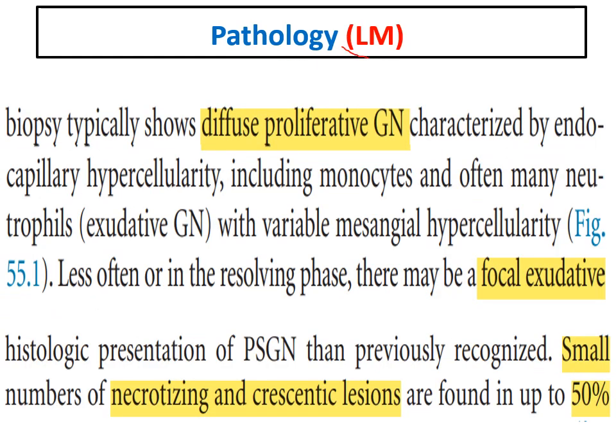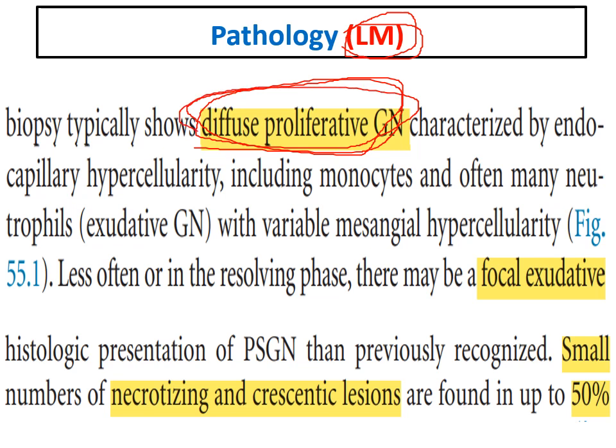What about the light microscopy findings? The typical presentation in light microscopy, of course, is diffuse proliferative. It is a prototype of diffuse proliferative presentation, characterized by endocapillary hypercellularity, including monocyte and neutrophil infiltration, with some focal exudation.